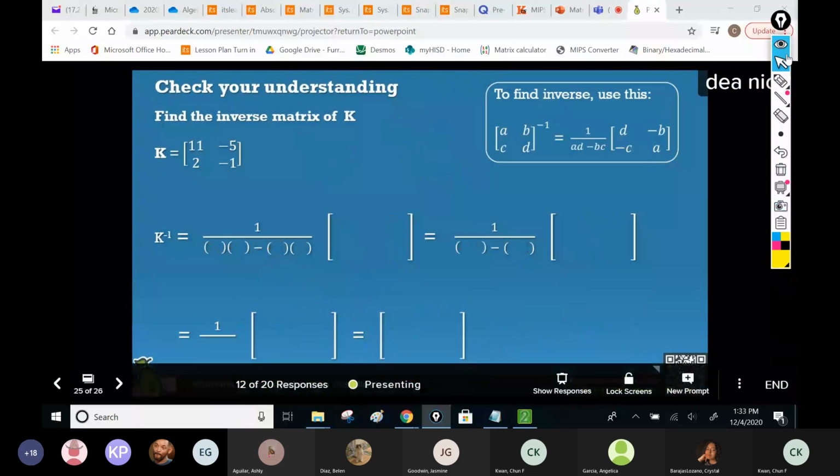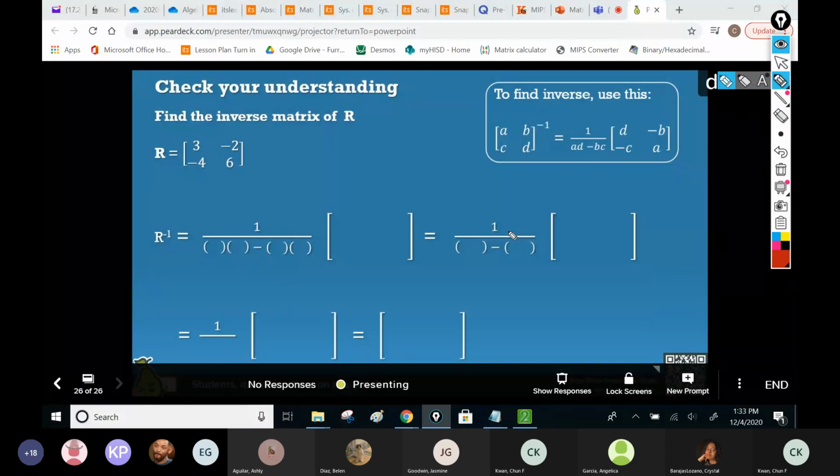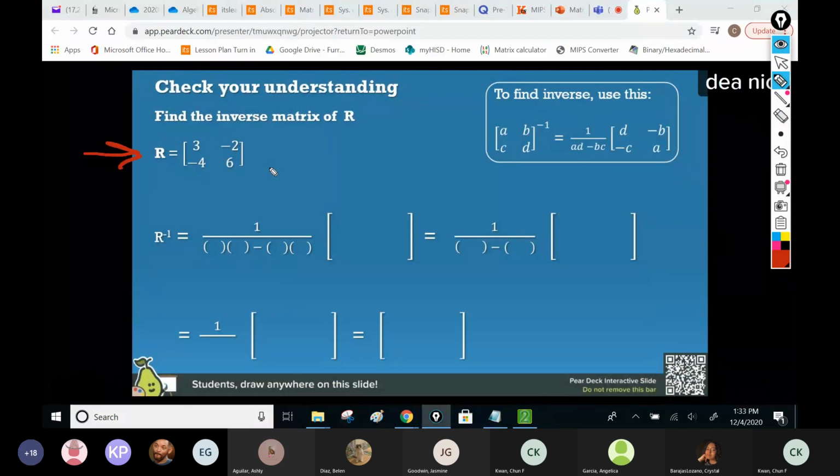All right, so let's do one last problem. I want to do one more just to make sure you guys understand. It's the same type of problem. I want you to find the inverse of matrix R. So do the exact same thing.